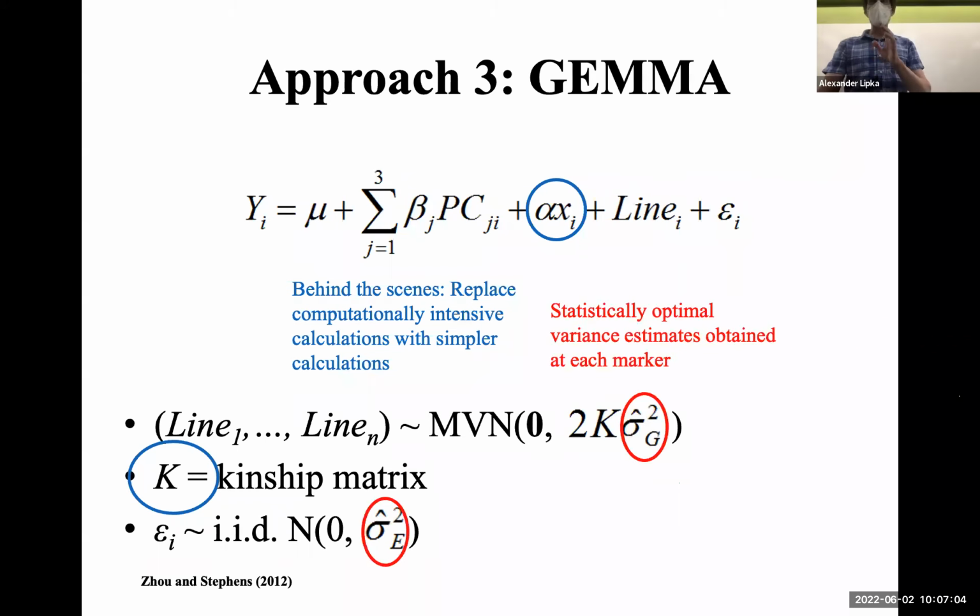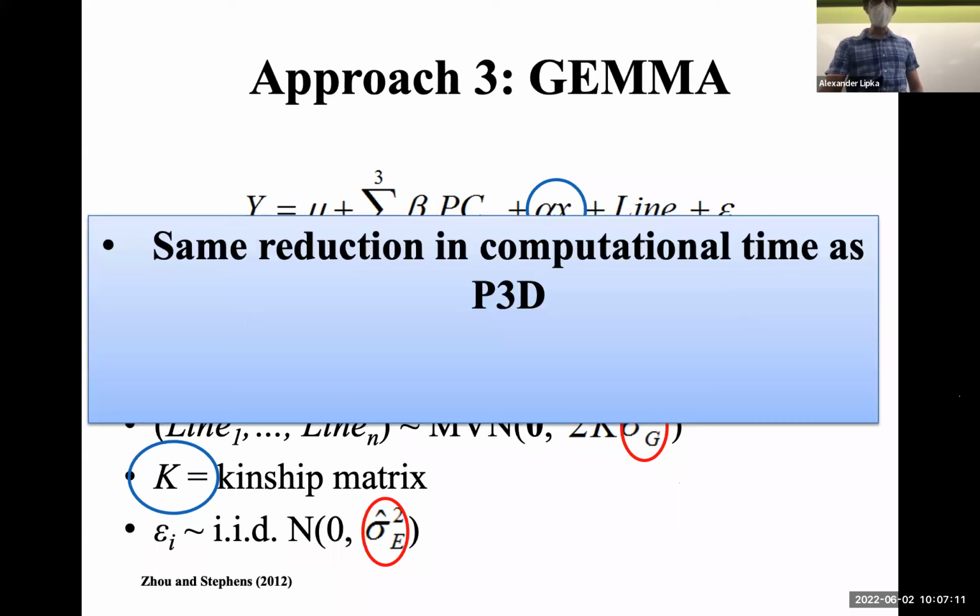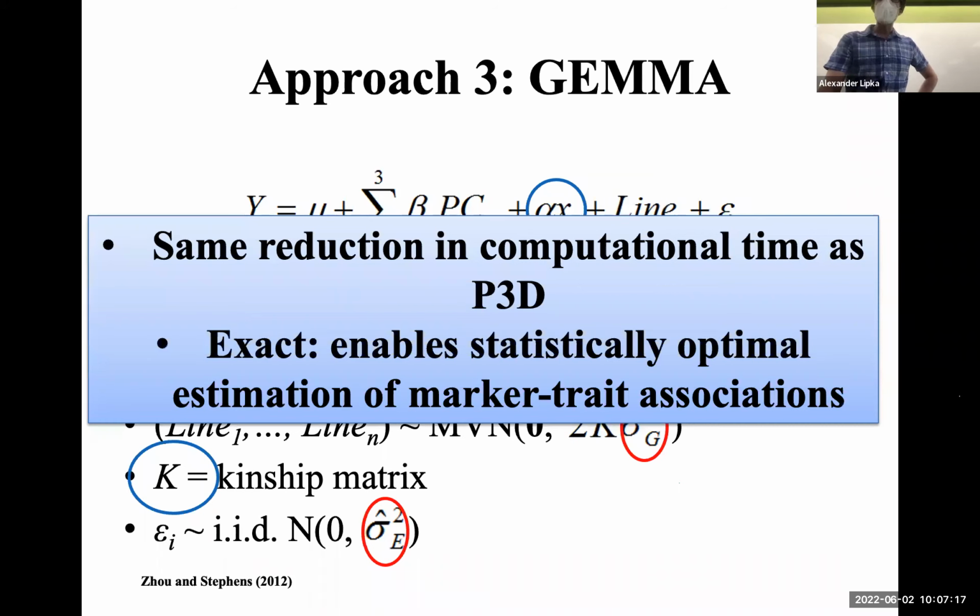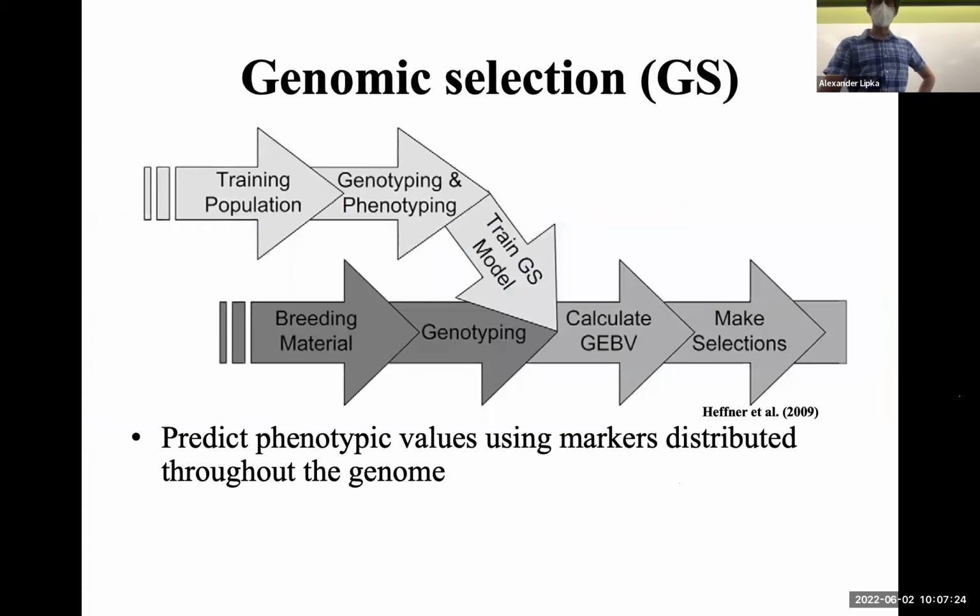And it enables you to have a statistically optimal variance component estimate at each marker. Okay. So this results in a similar reduction in computational time as P3D, but it gives you an exact, statistically optimal estimate of your marker trait associations.